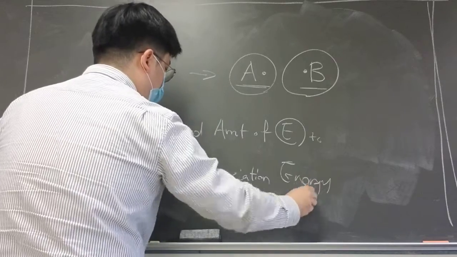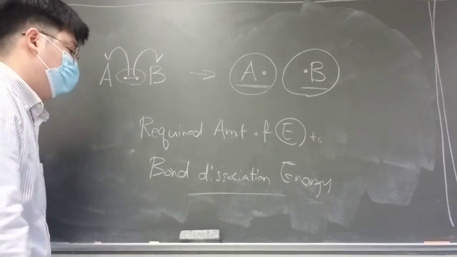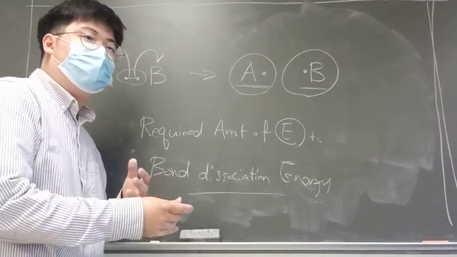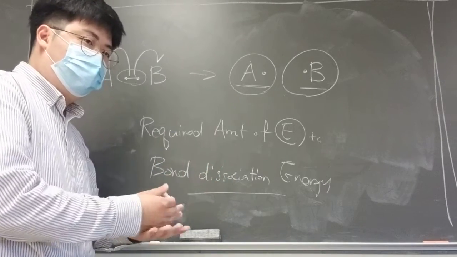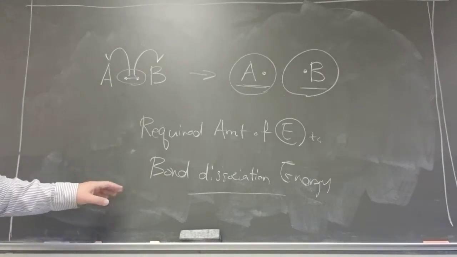As you know, dissociation literally means to break apart. So how many kilojoules of energy are required to break these bonds, and how many moles of compounds and so forth, will determine this.